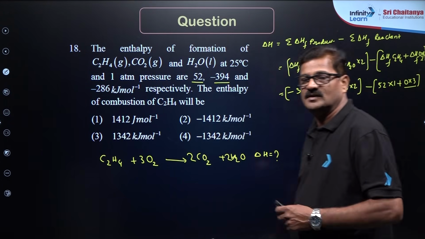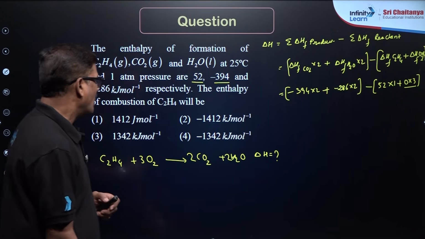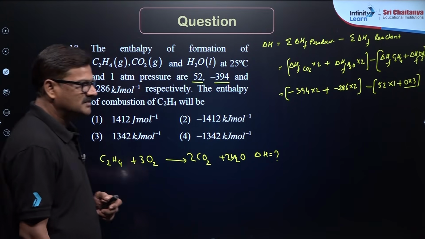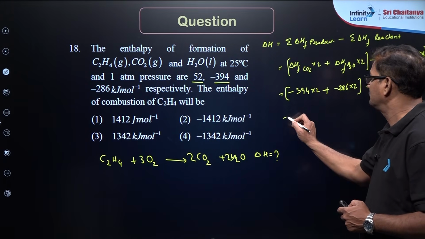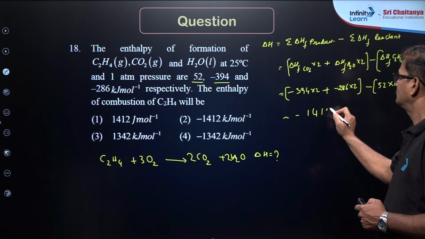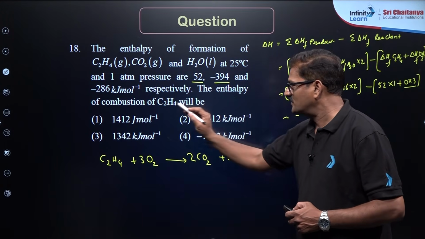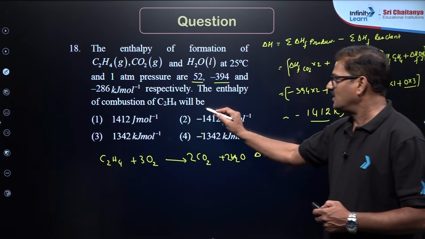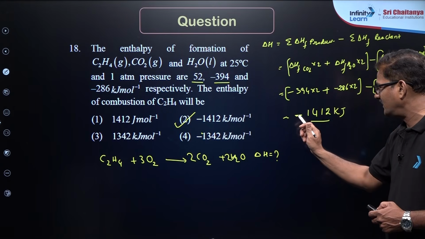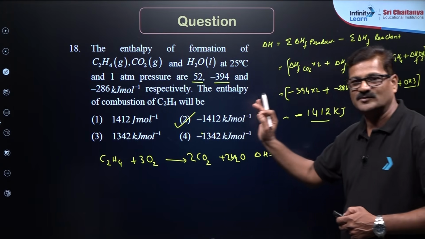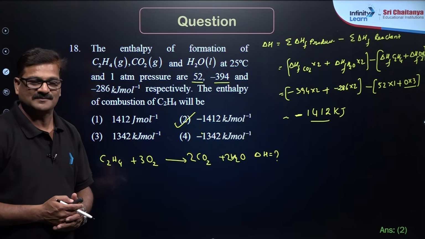Why 0 have I taken? Oxygen's standard enthalpy of formation is 0. On doing so, you are going to get the answer as minus 1412. Here it is given minus 1412 and plus 1412. Combustion being exothermic, you need not worry whether it is negative or positive, it is supposed to be negative only. Option 2 is the correct answer for this question.